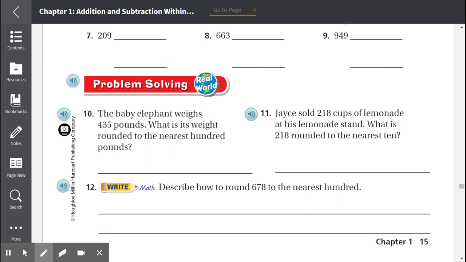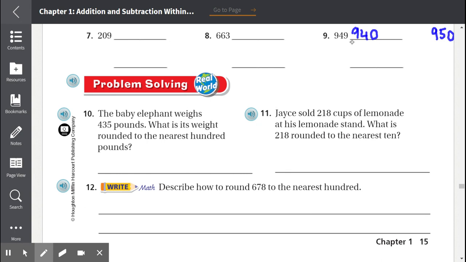So 949 would be between 940 and 950 because we're rounding to the nearest tens.